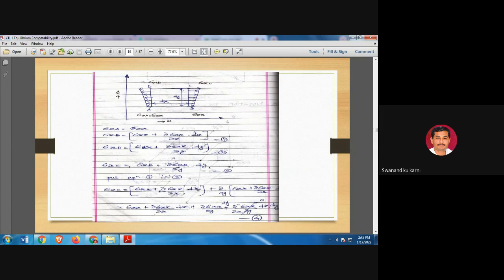This dy represents the distance. Dy is the distance of point D from A. Is it okay? So stress present at point D is equal to sigma xx plus dou sigma xx upon dou y into dy. So this particular equation 2 is what we will get here.